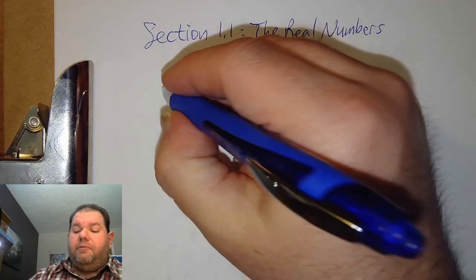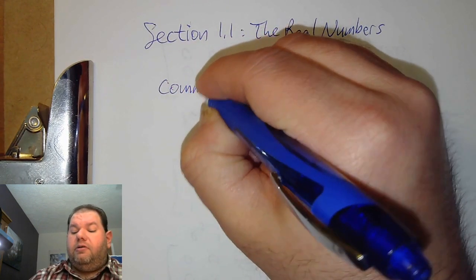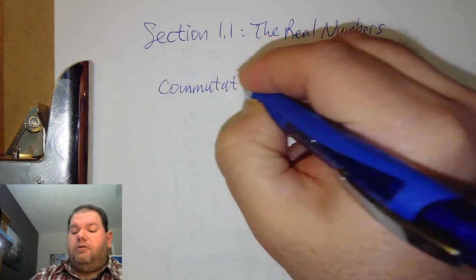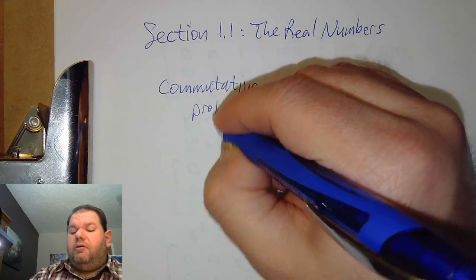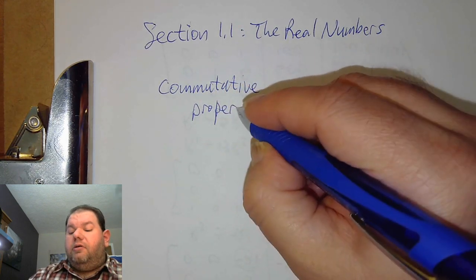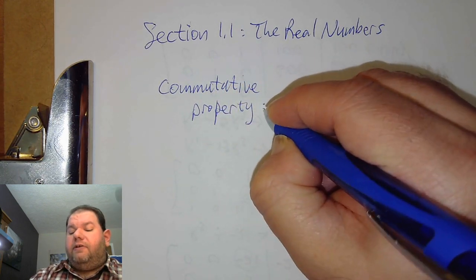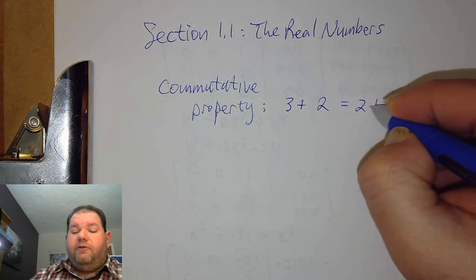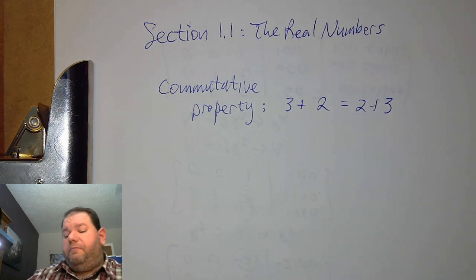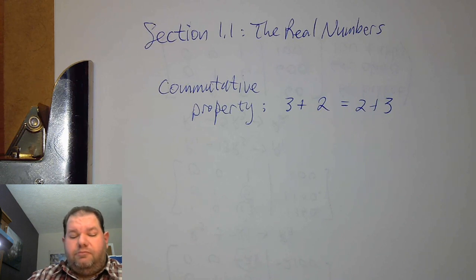But the commutative property basically says that 3 plus 2 is the same thing as 2 plus 3. Okay? Which I think we knew that without being told.